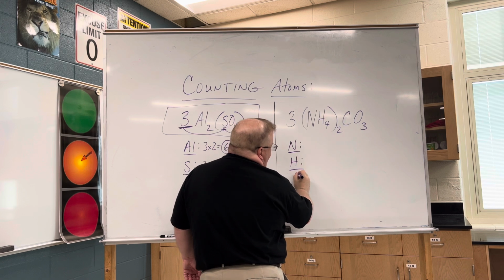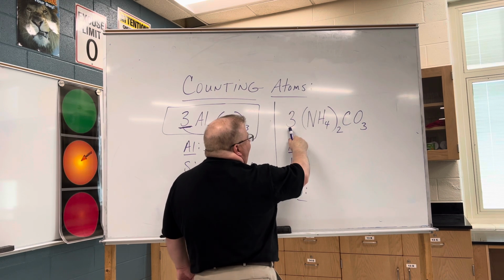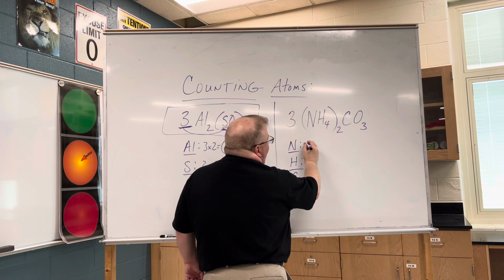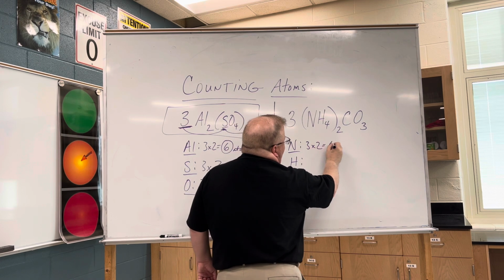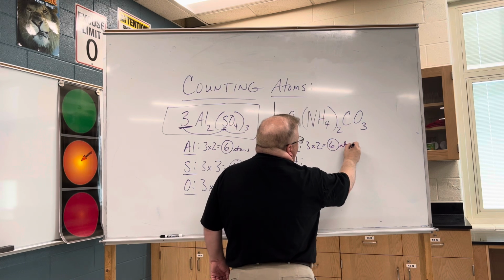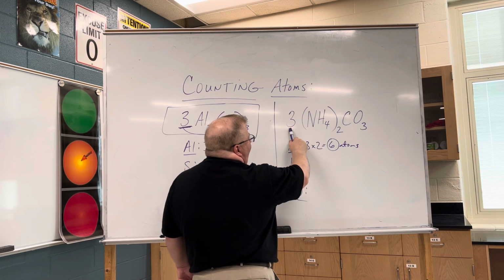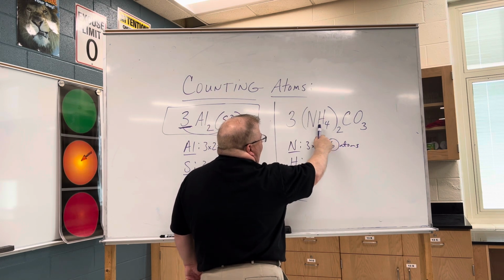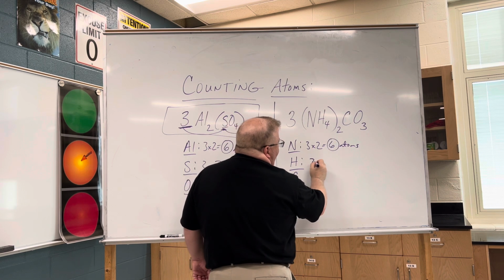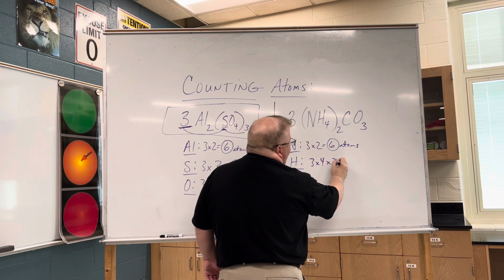This time we've got 4 different elements. For nitrogen, I'd say 3 times 2, which is 6. 6 atoms of nitrogen. And then for hydrogen, I'd say 3 times 4, but there's also a 2 out there, so 3 times 4 is 12, times 2 is 24.